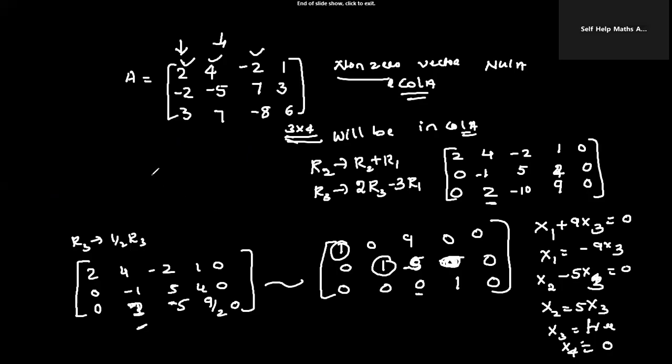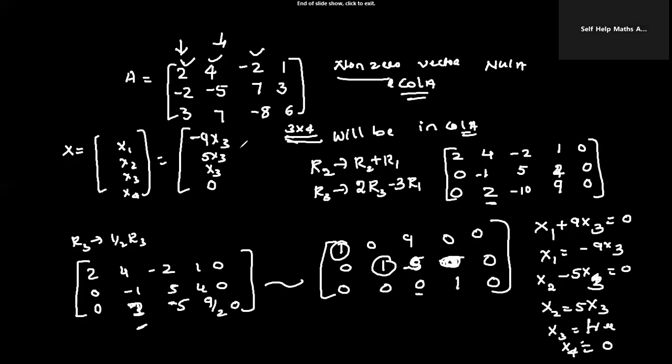So x, which is our x, is equal to x1, x2, x3, x4. This is nothing but your x1 is minus 9x3, and x2 is 5x3, and x3 is free, and x4 is 0. Okay, so therefore this we can write as x3 into minus 9 5 1 0.